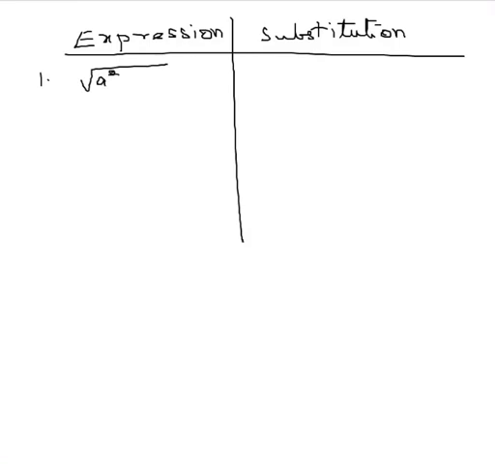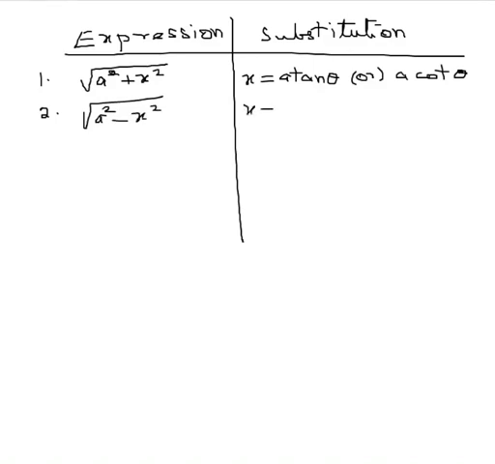If the function has this expression, substitute x as a tan theta or x as a cot theta. If you have root of a square minus x square, we substitute x as a sin theta or a cos theta, so that we can use the identity 1 minus sine square or 1 minus cos square.